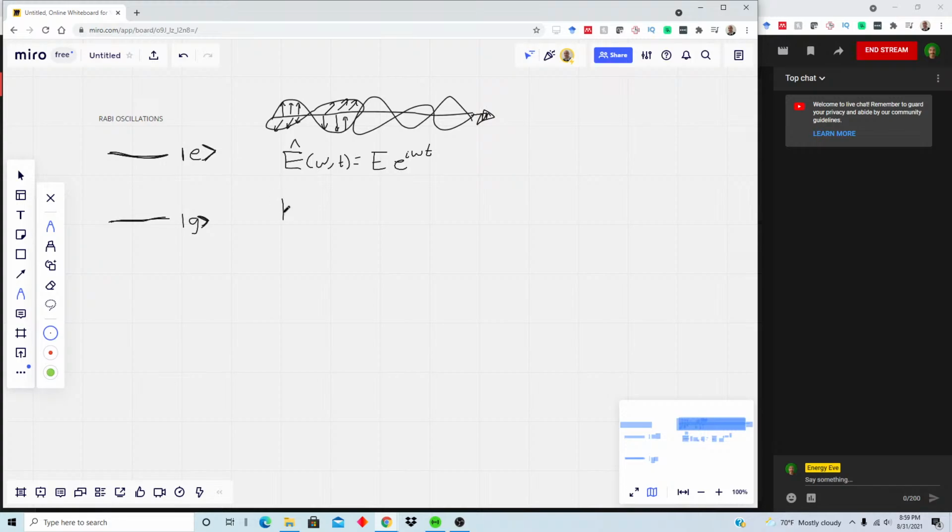And so our Hamiltonian, which describes all the dynamics for this, is written as basically the ground state energy E_G, and then the projection of the ground state, plus E_E, which is the energy of the excited state.